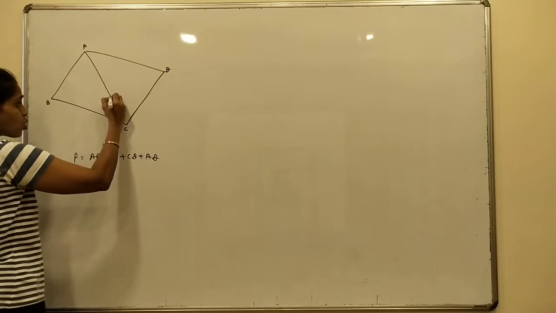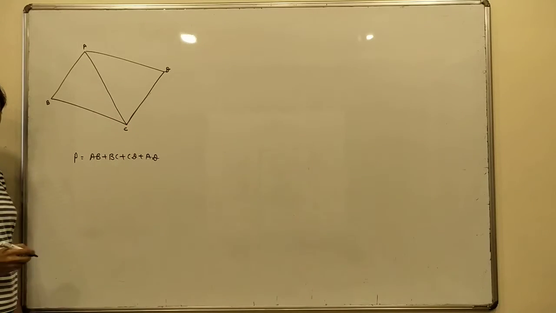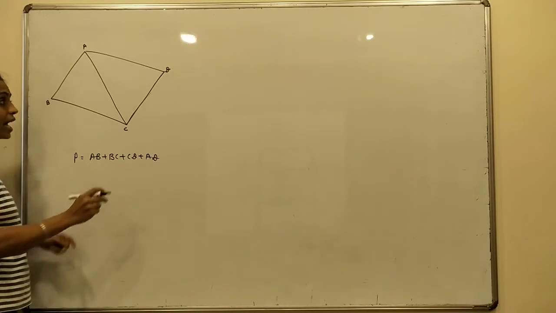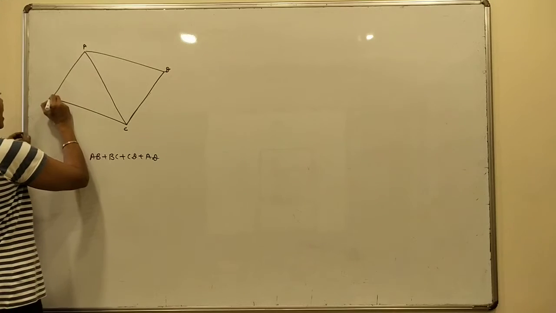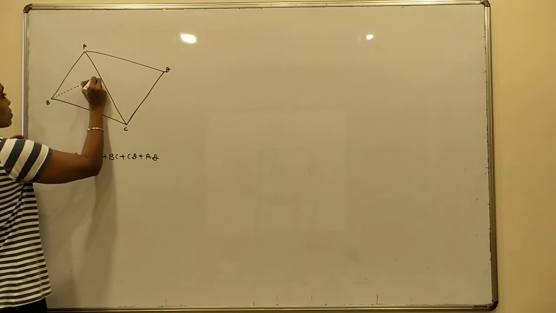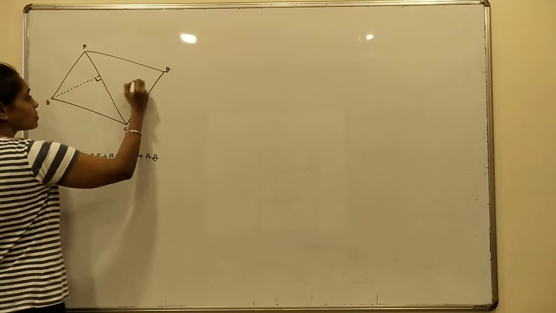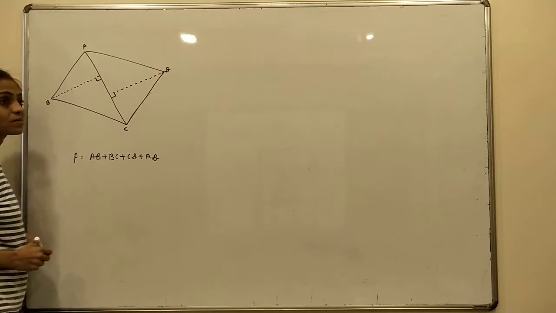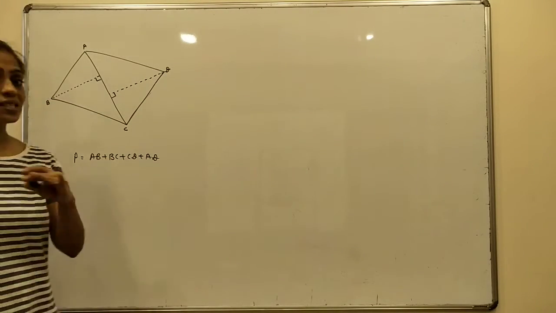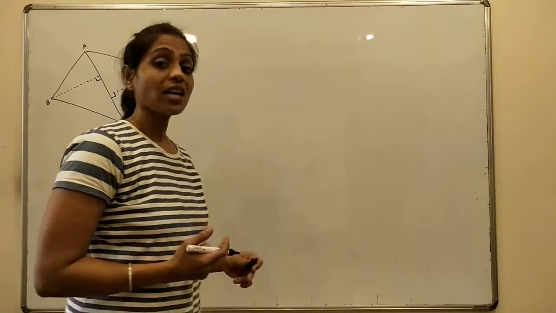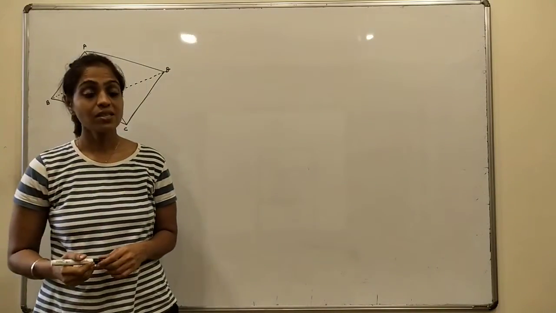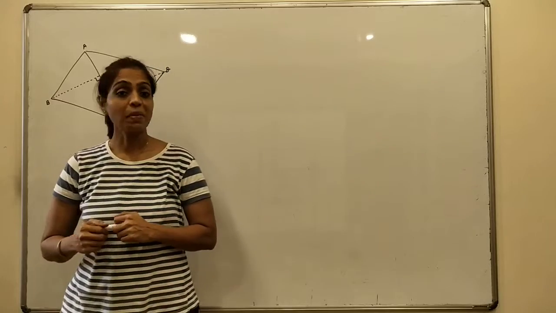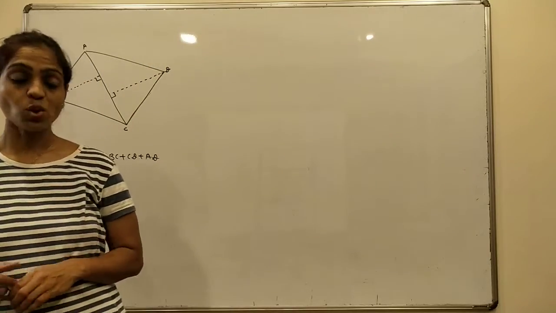If you draw a diagonal, and from the other two vertices draw perpendiculars on it, perpendicular and perpendicular. Now in the last section we know area of triangle is 1/2 of base into height.